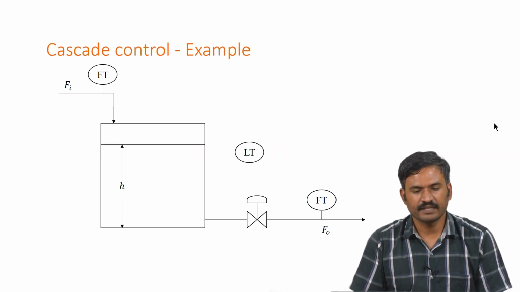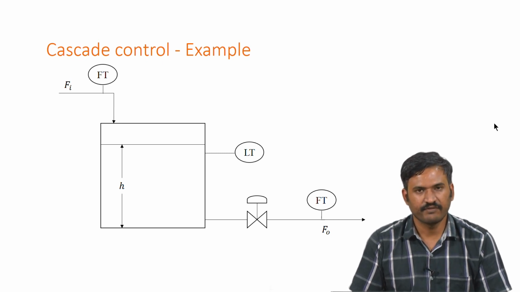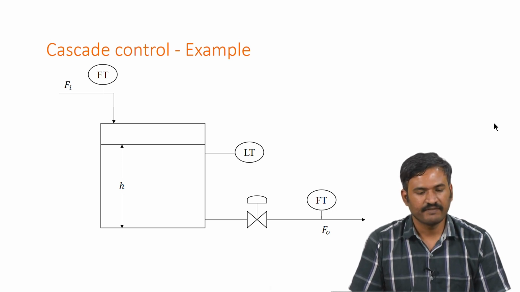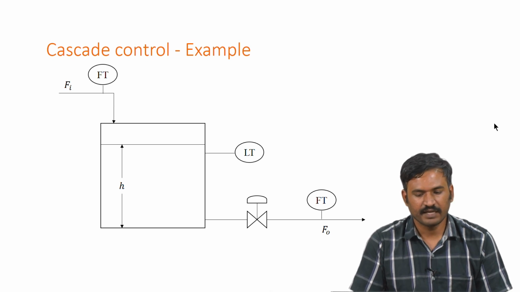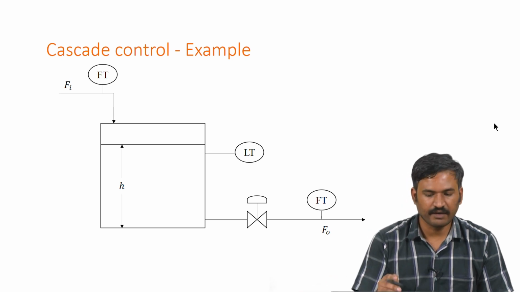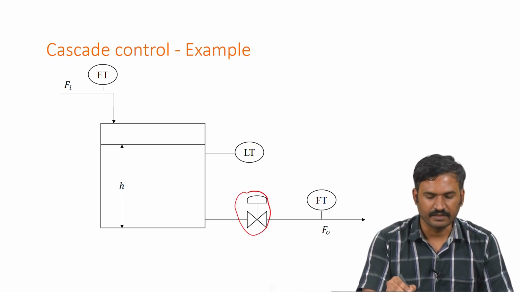The cascade control, where is it used, is the question we first have to answer. Let us take an example of this simple tank system where there is an inlet flow and an outlet flow. Outlet flow is through a control valve present here, and the level of the tank is also measured.